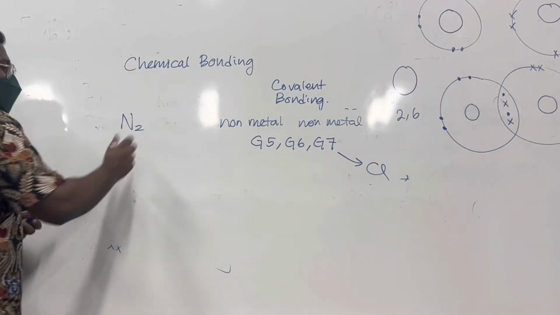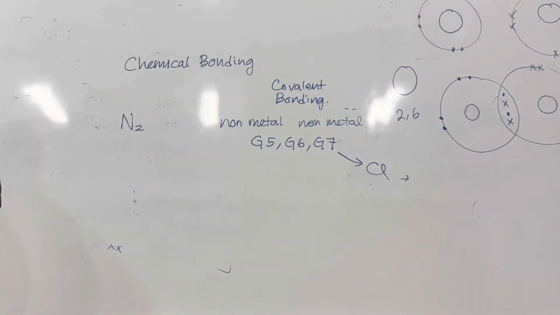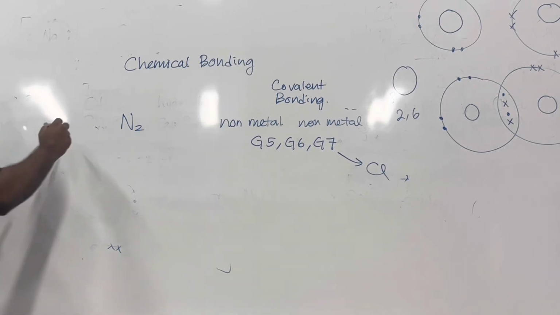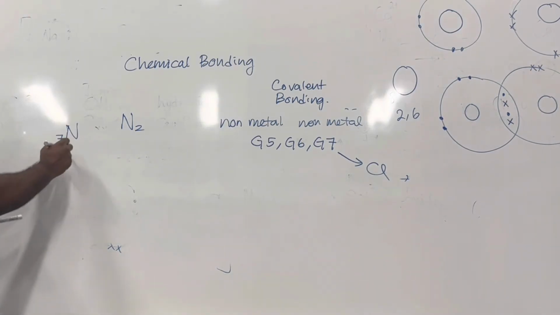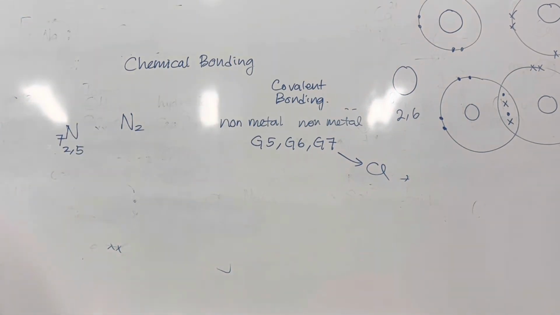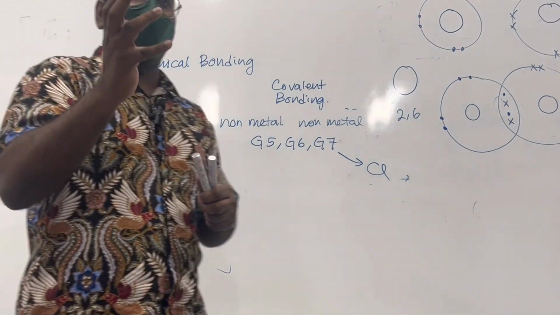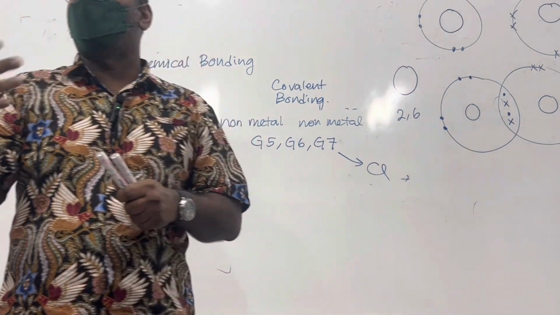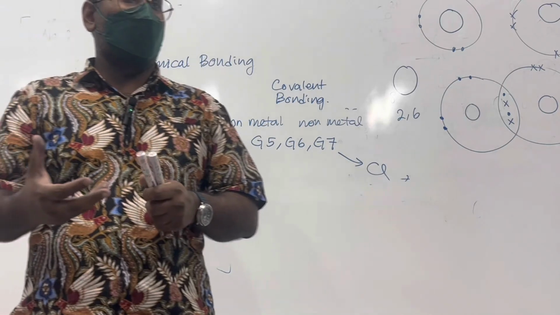Example, nitrogen, N2. Nitrogen is going to be 7, so 2, 5. 5 valence electrons. In order to reach the octet structure, they must get 3 more electrons.